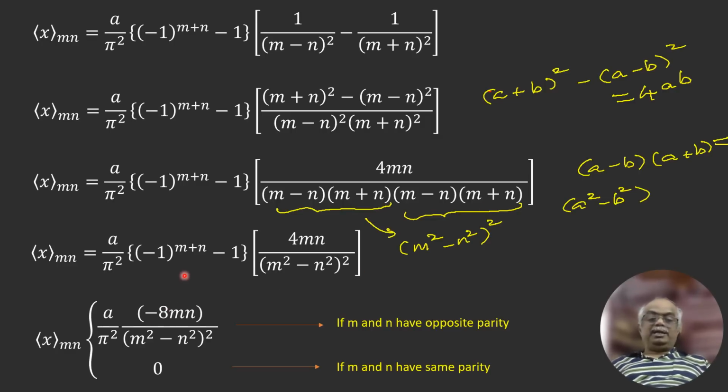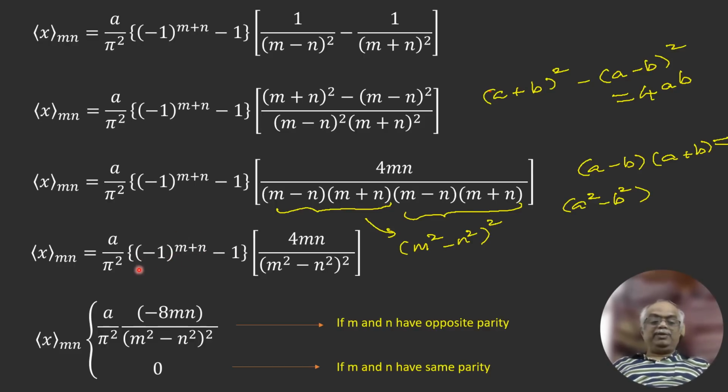So now what will happen to this? There are two possible results. That is, if m plus n is even, then if it is an even number, you will get minus 1 to the power 2 or 4 or 6, it will become plus 1, and plus 1 minus 1 will become 0.